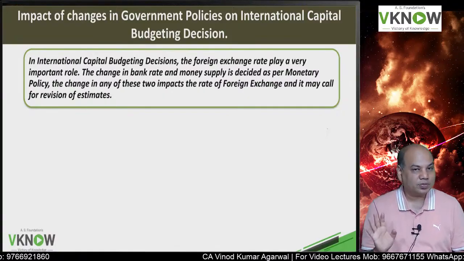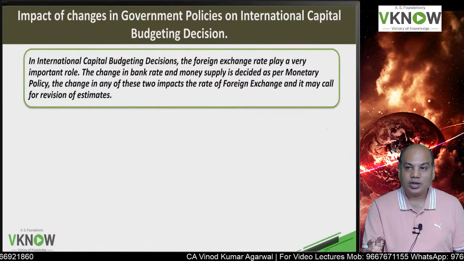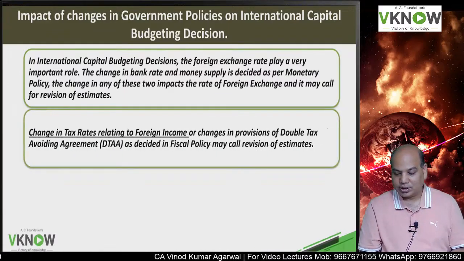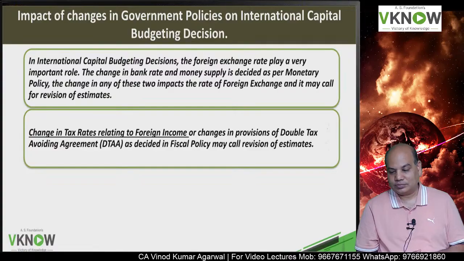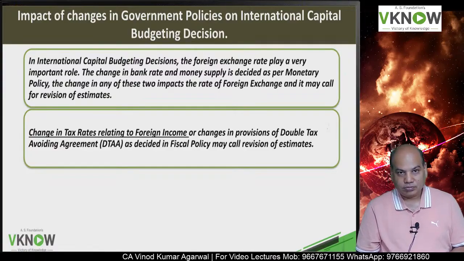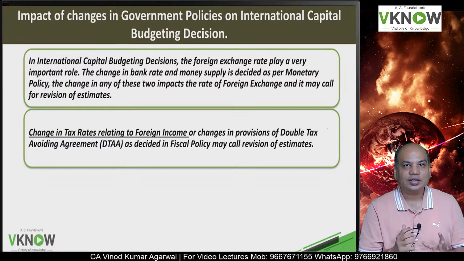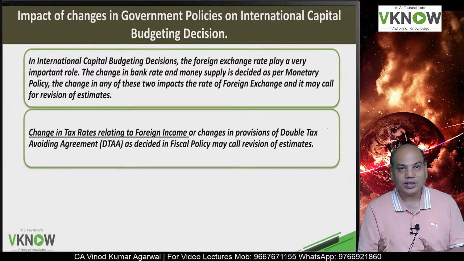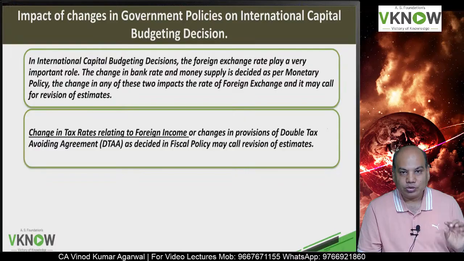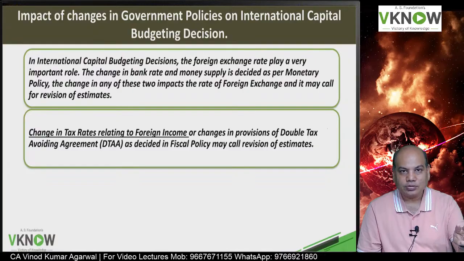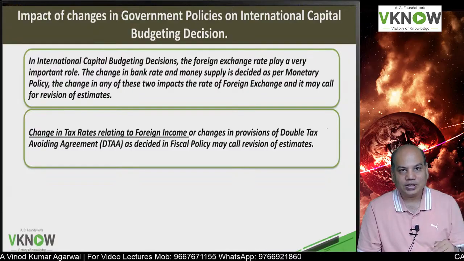International market, I have explained, government can enter into a double taxation avoidance agreement, DTAA, and because of that, the tax rate or the tax liability of a company can get affected. If there is no DTAA, you may have to pay tax on the income generated in a foreign country also, and you have to pay tax in India also.